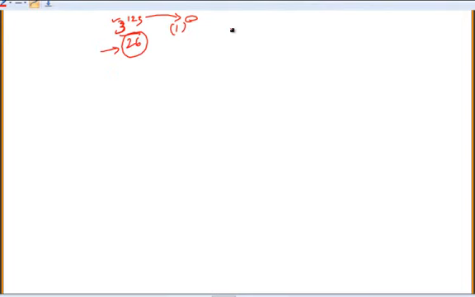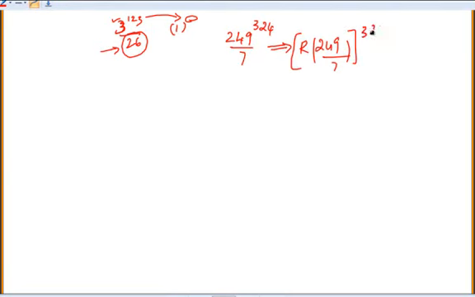For example, let's say we want to find the remainder of 249 raised to 324 divided by 7. So what's the remainder? From our fundamental concepts, we know that this is nothing but the remainder of 249 by 7, the whole power 324.